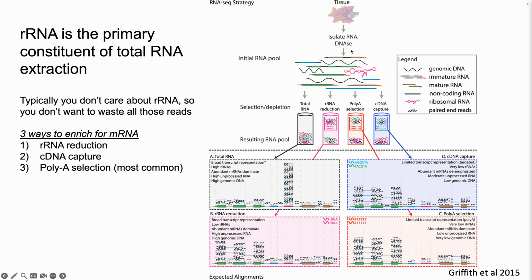So thinking about the wet lab workflow, we've extracted RNA from our cells, our tissues, whatever, and then talked about how that RNA is going to be full of ribosomal RNAs, and you don't want to waste all your reads sequencing ribosomal RNA.